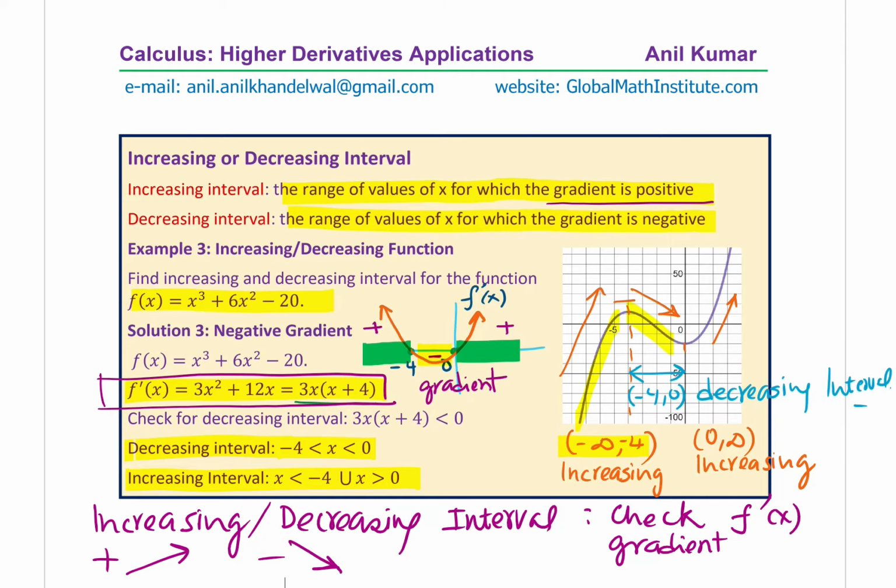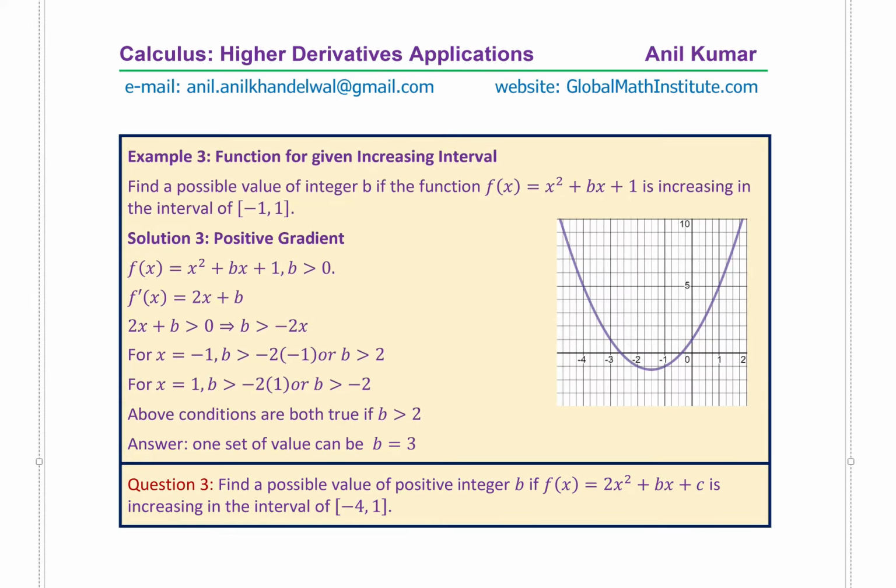Okay. So let's move on, and now let's look into a different type of equation. Now this is a very important topic from many examination points of view, especially GCSE. Here we have an examination style question. Example 3 is a function for a given increasing interval.